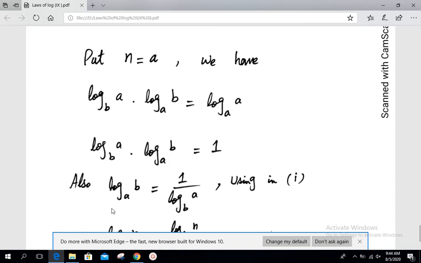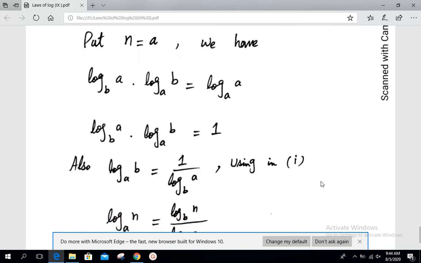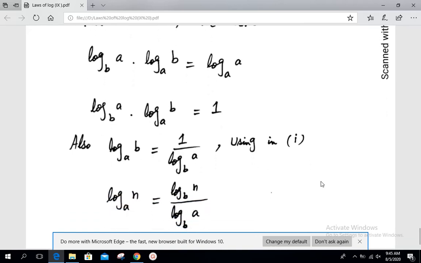Also, as already explained, log of b with base a can be written as 1 upon log of a with base b. I already told you, when you shift them from bottom to top. And using this in number 1, we get log of n with base a is equal to log of n with base b whole over log of a with base b. That completes our proof of the fourth law of logarithms.